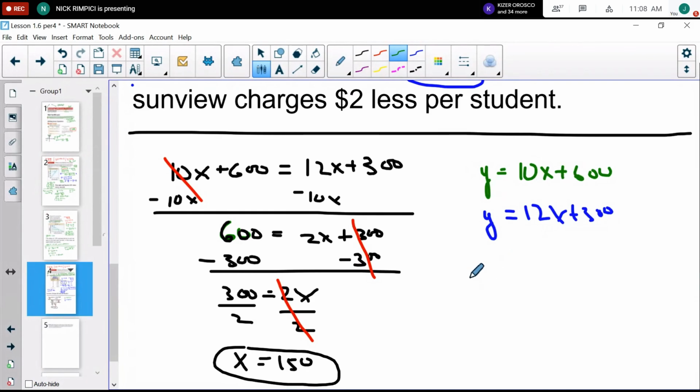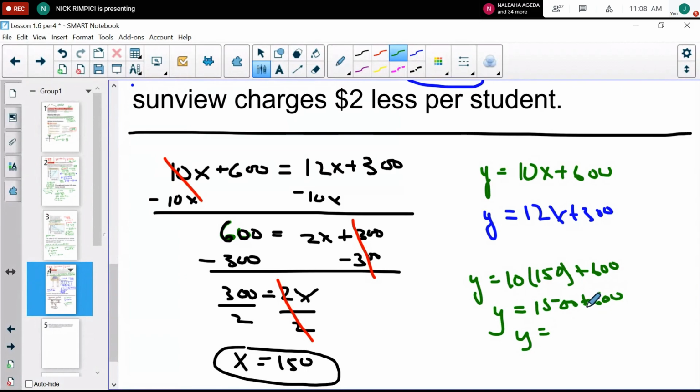So y equals 10 times, if you get 150, let's see what our cost is going to be. 150 times 10 is 1500. And then we have to add on the $600 fee for rental. And if we add those together, we have a grand total of $2,100.